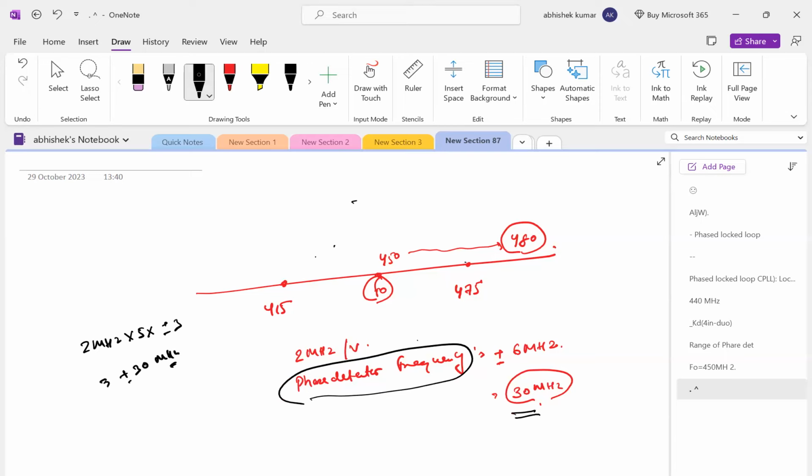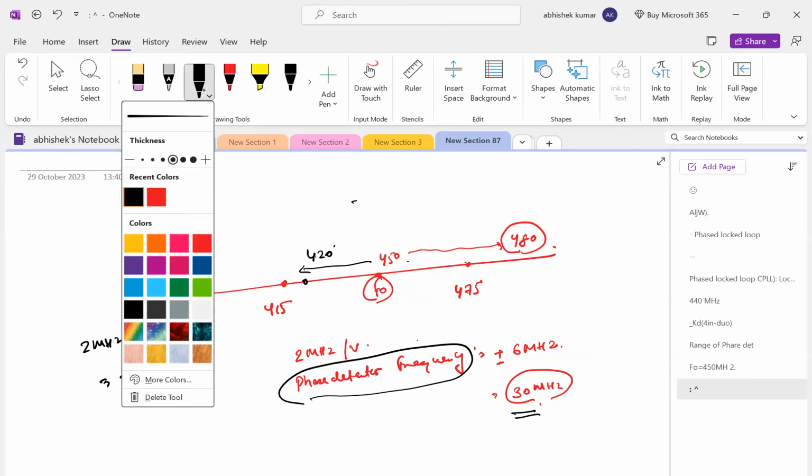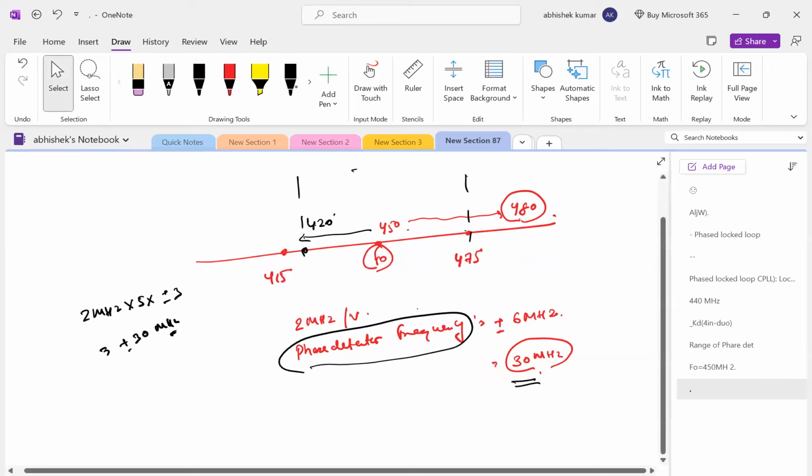So it will track from 440 to 480, and here up to 420. No, I didn't get how you got 30. But 480 is out of the range, so it will get limited up to this point.